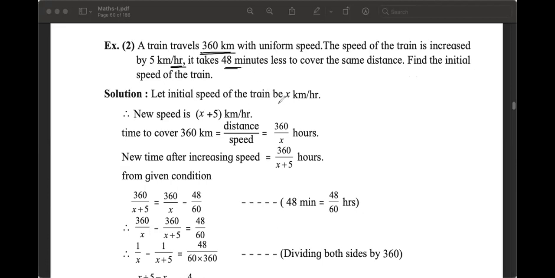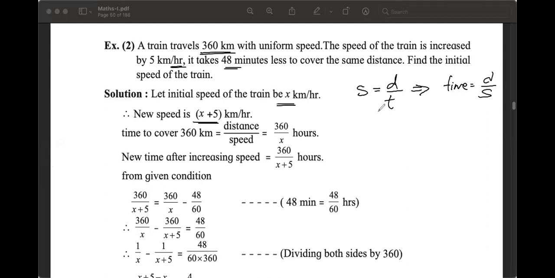So we start by saying let the speed be x. We are increasing it, so it becomes x plus 5. We know speed equals distance by time. Then we can say time equals distance by speed. Very, very simple maths and science.